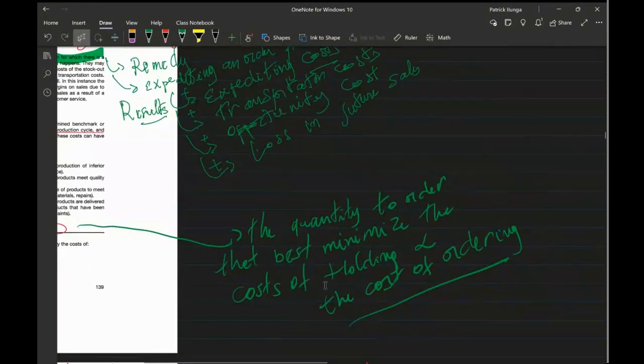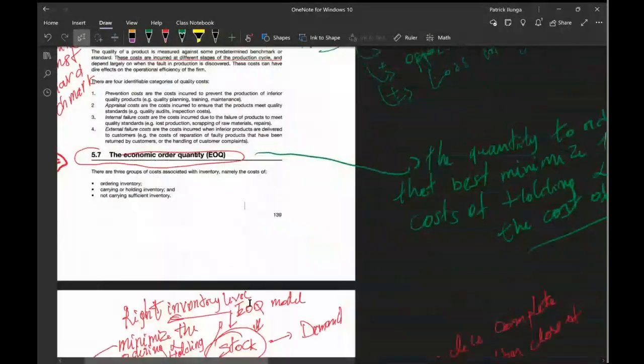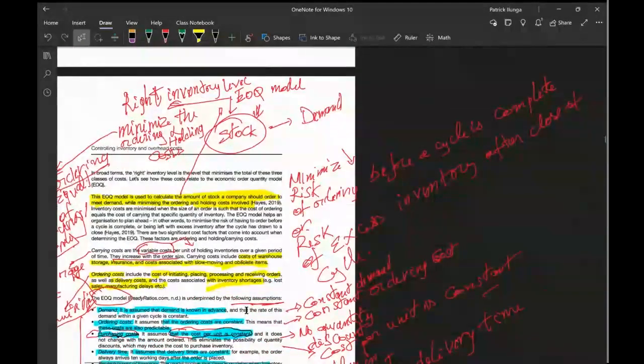It's a concept. It is the quantity to order that best minimizes the cost of holding and the cost of ordering. Because you as an entrepreneur, and any business, would like to minimize cost and maximize revenue. That's all. So we want to make sure that whatever ordering we are doing comes to the minimum cost for the company. So this is a beautiful concept.